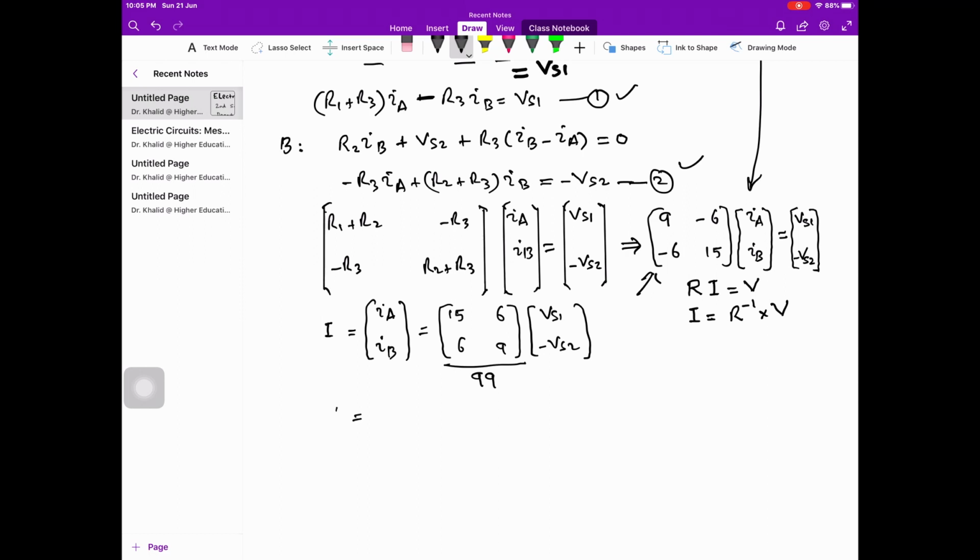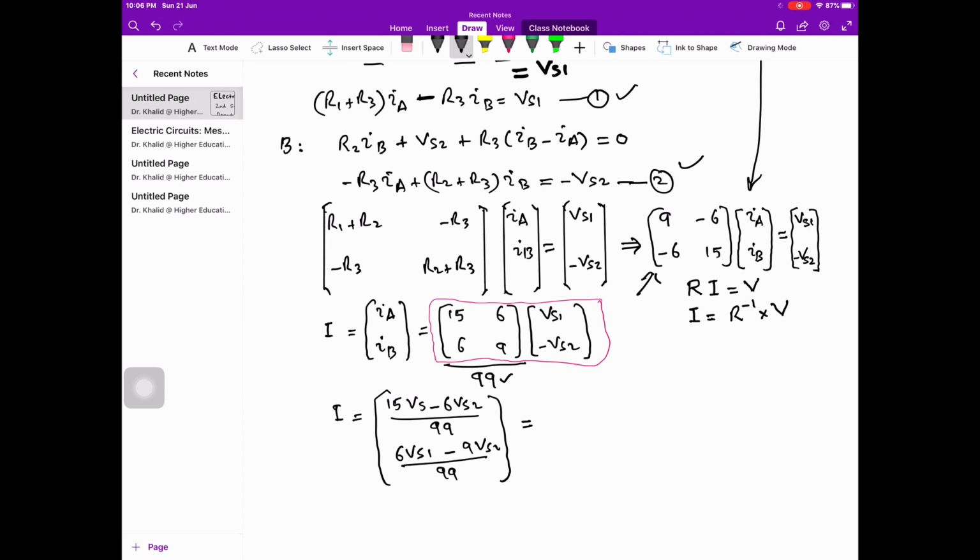Further, if we proceed, this will be equal to, multiplying these two matrices over here, 15 VS1 minus 6 VS2 divided by 99 in the denominator, and the second row of this matrix is 6 VS1 minus 9 VS2 divided by 99.